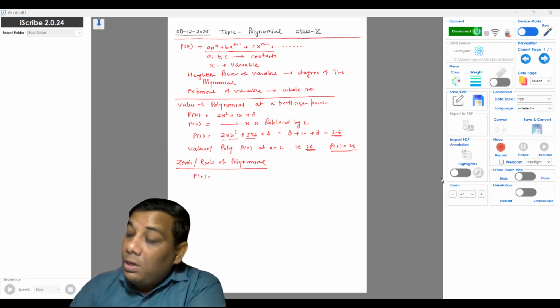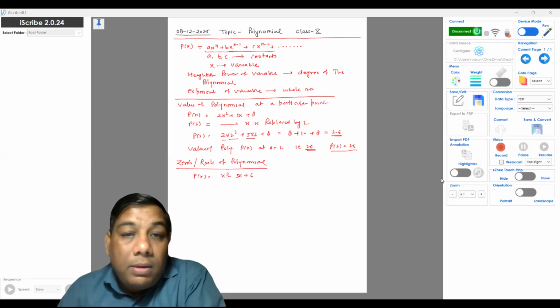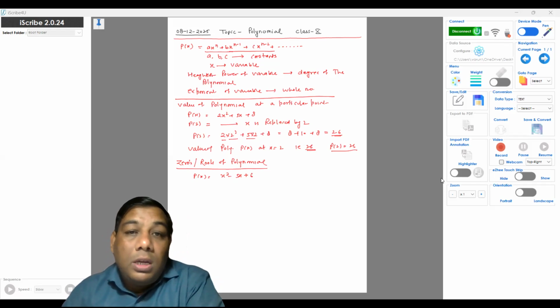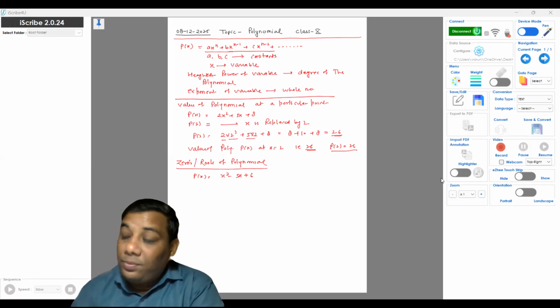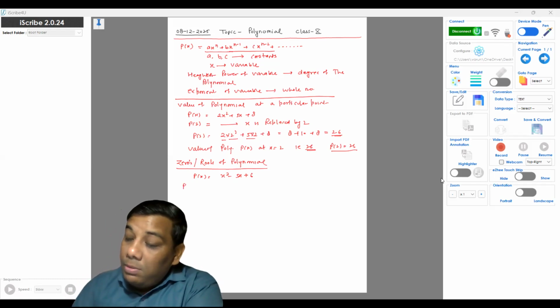Suppose p(x) = x^2 - 5x + 6 is the polynomial given to us. Now, what will be the value of p(1)? For p(1) we have to replace x equal to 1. This is 1 squared minus 5 plus 6.